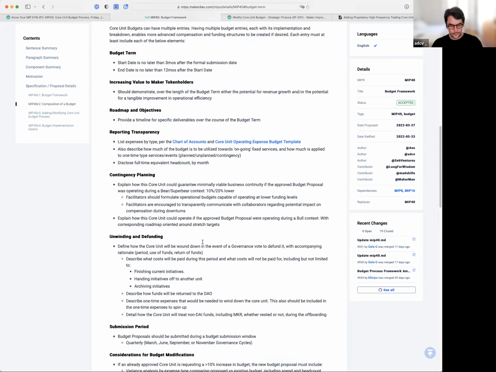Yeah, so there was a bit of back and forth on this, and hopefully a lot of the nervousness dissipated. I'd like to restate that any writer of a core unit budget proposal or modification request is welcome to sound off ideas. We've had a few of these conversations with different facilitators from core units asking, hey, how does this sound?